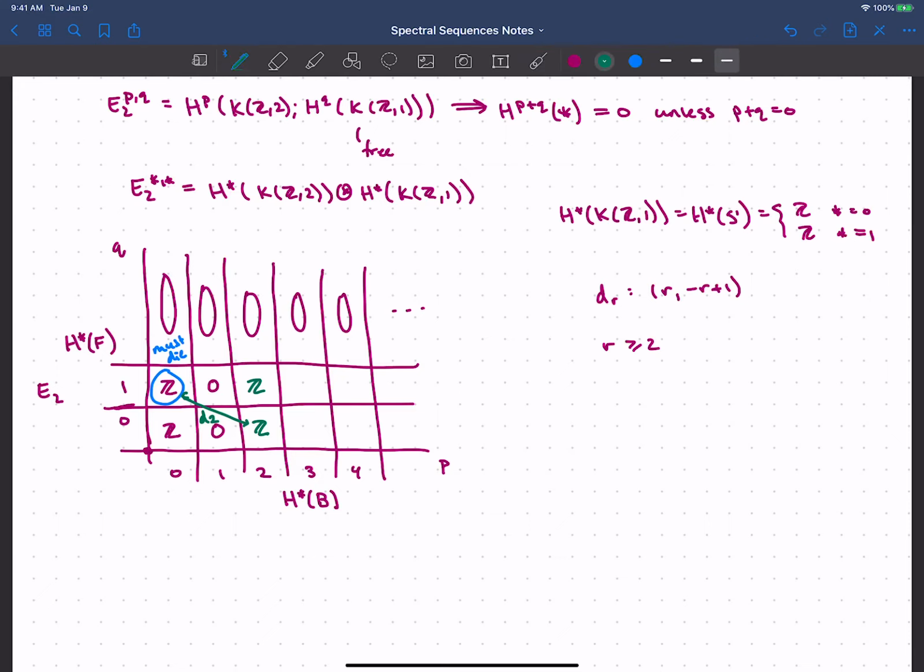Okay, so the only possibility is that there's at least a copy of the integers here, and this map, again, a d2 differential. Okay, and as soon as I've got that, well, now I know that the cohomology of the base has something in degree 4, and this was with integral coefficients. The line above it is again with integral coefficients, so I just repeat. And I'm going to stop saying this argument. You just continue. You're going to see the same kind of pattern happening here.